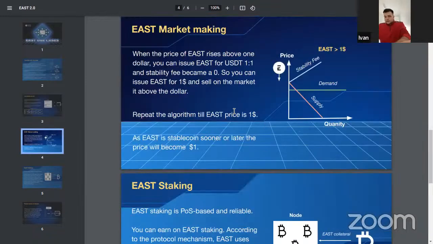The next very interesting way to work with ETH is market making. When the price of ETH is more than $1, the protocol gives you an opportunity to issue ETH for $1 of USDT.